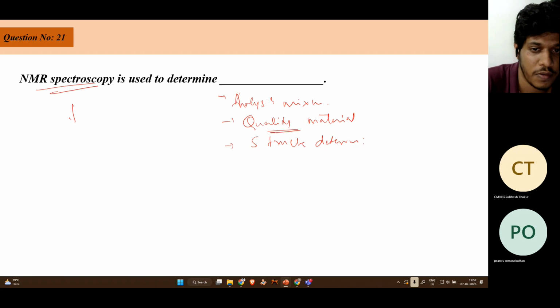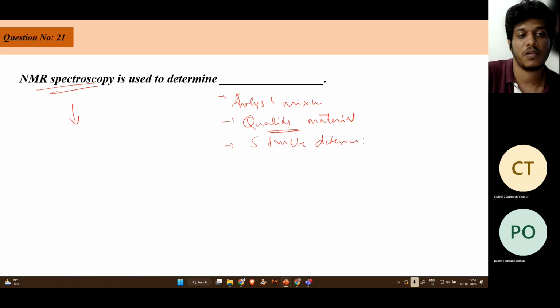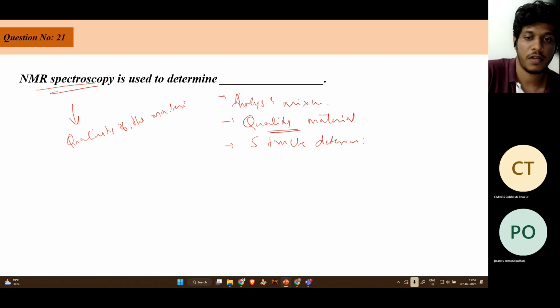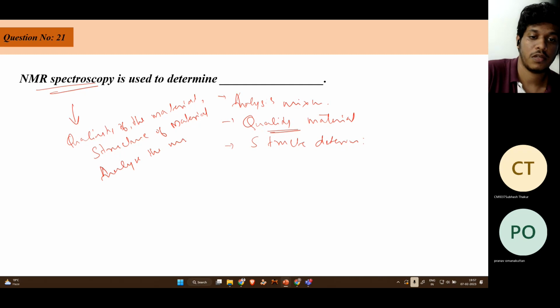So to answer this question, we can say that NMR spectroscopy can be used to determine the quality of the material, its structure and dynamics. We can analyze the mixture, the material, etc.